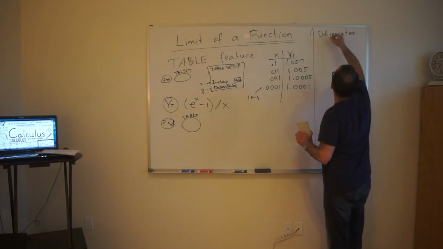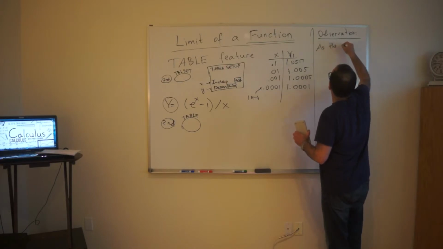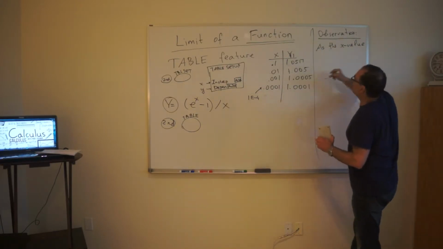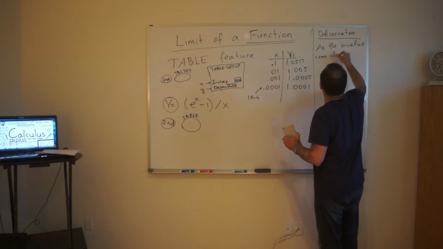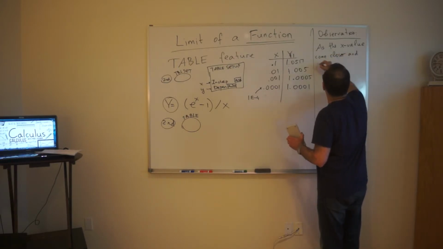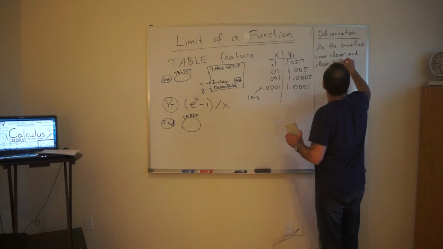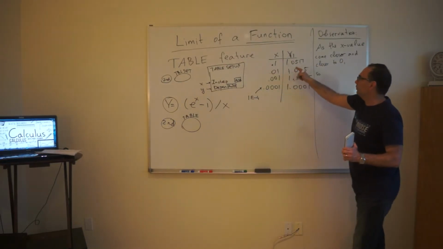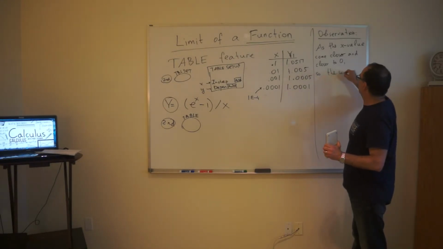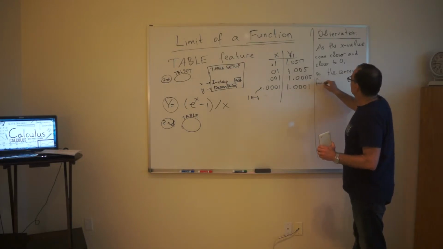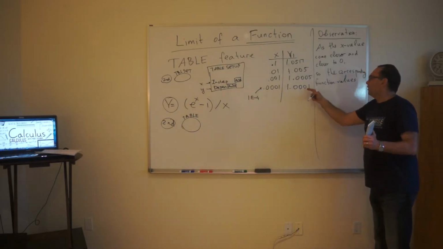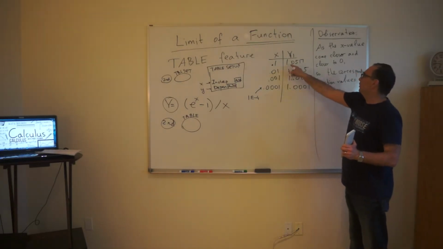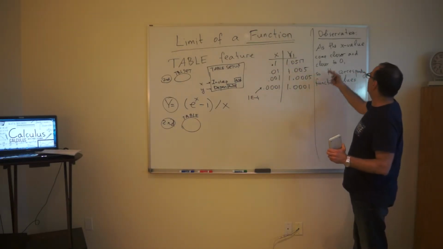As the x values that we chose and decided to plug into this function come closer and closer to 0, the corresponding function values, which are in this column, come closer and closer to number 1, because 1.05, 1.005, etc., so they come closer and closer to 1.